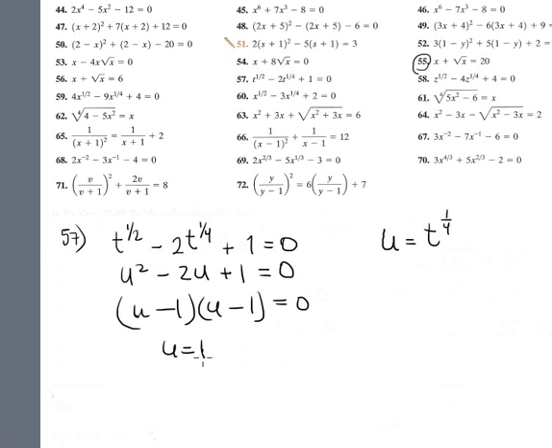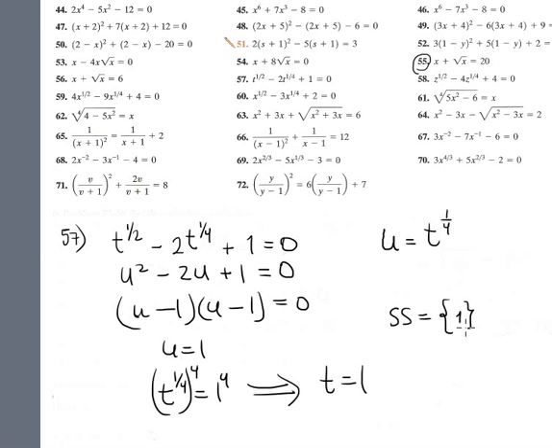Only one solution, this one. Now retrieve t to the 1/4 equal 1. Raise to the 4th power both sides, so we get t equal 1. And the solution set is just 1.